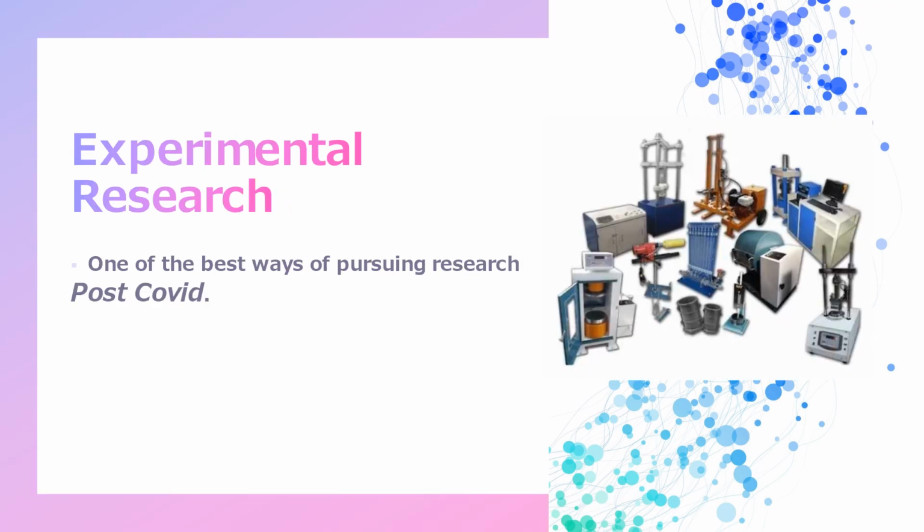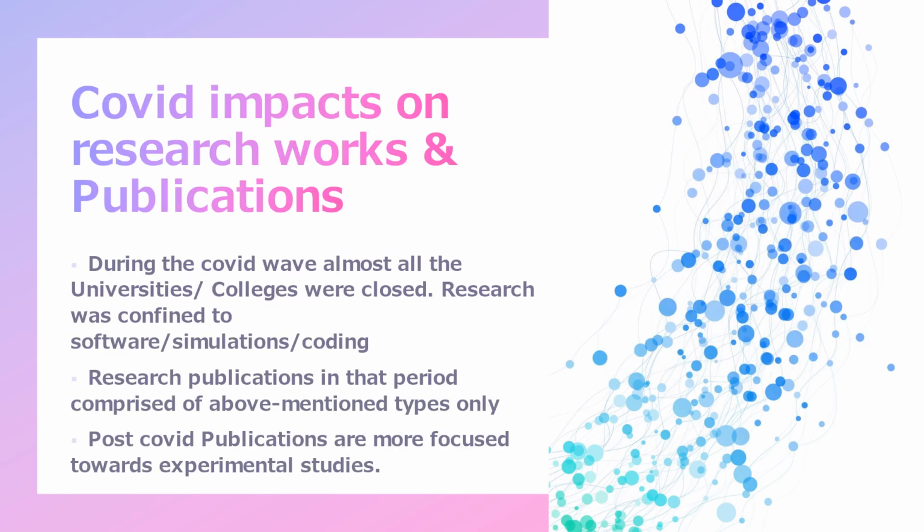So experimental research is one of the best ways of pursuing research work post COVID. So now let me clear what is the impact of COVID on the research. COVID has affected a lot on the research work and especially on the publications.